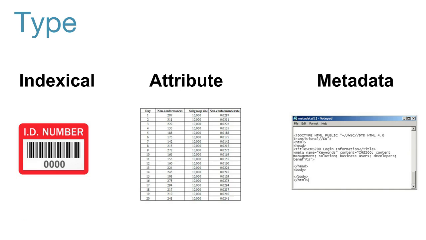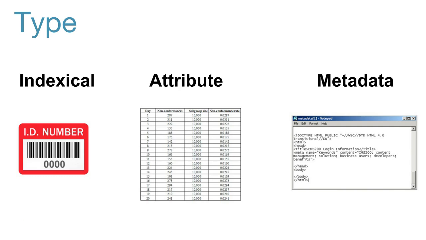Then under types of data, there's three main types. The first one is an index, or an ID number. It's some way to organize data. It's not particularly meaningful in and of itself, but it can reference across many different databases and tabular data structures if we set up an ID number.